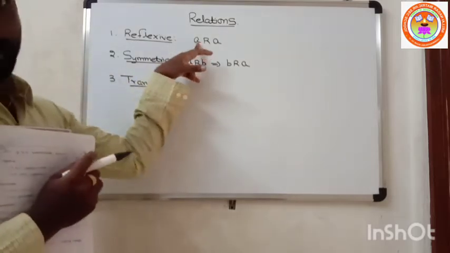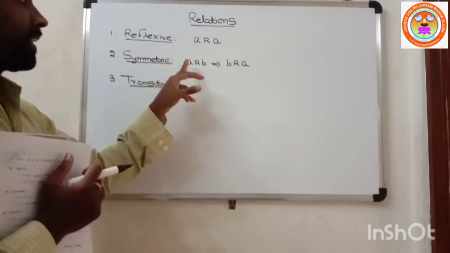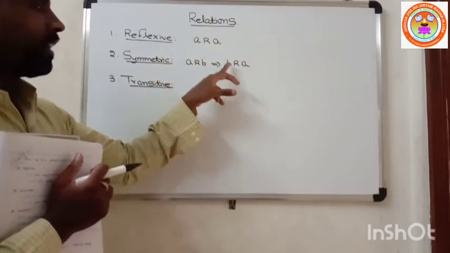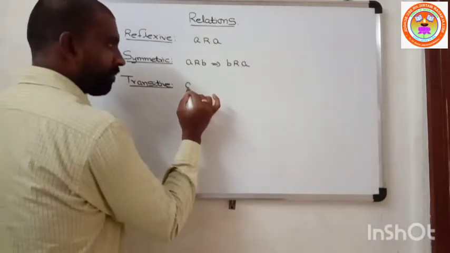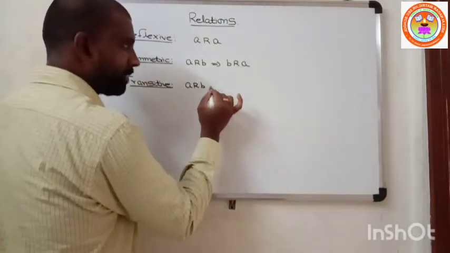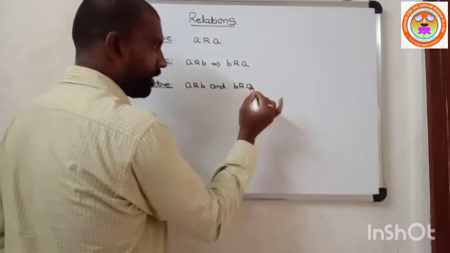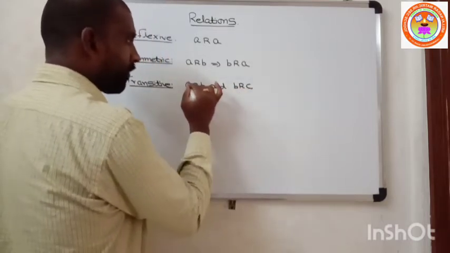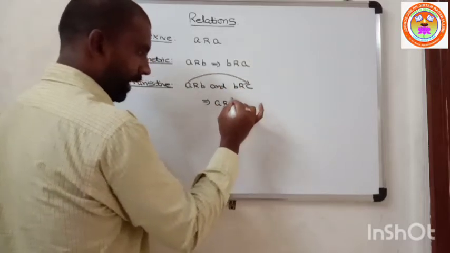Reflexive, only one person, a related a. Symmetric, two persons, a related b, b related a. Transitive, three persons, a related b and b related c, so first and last, a related c.